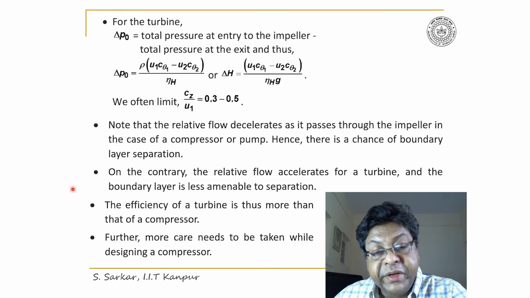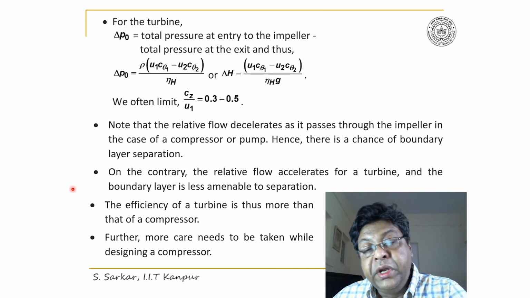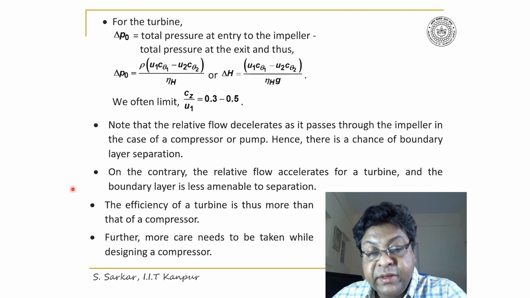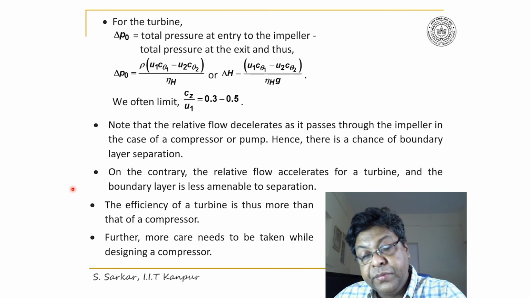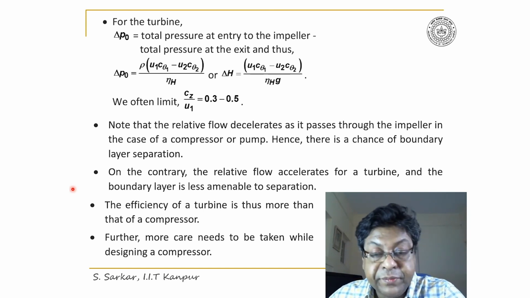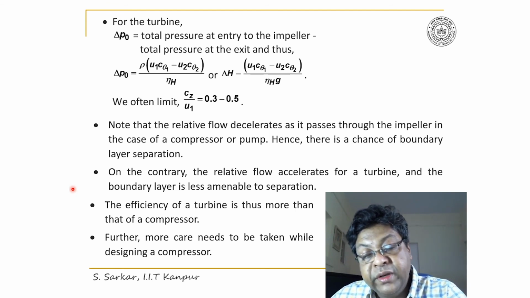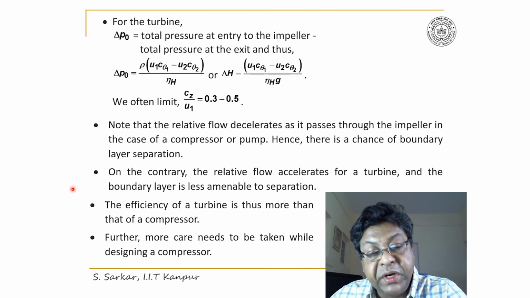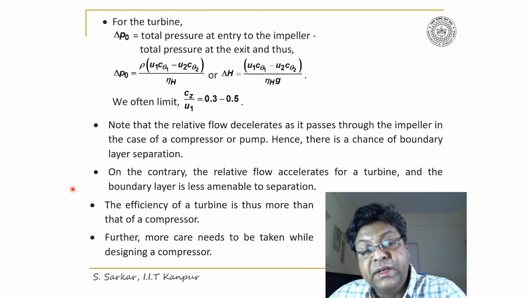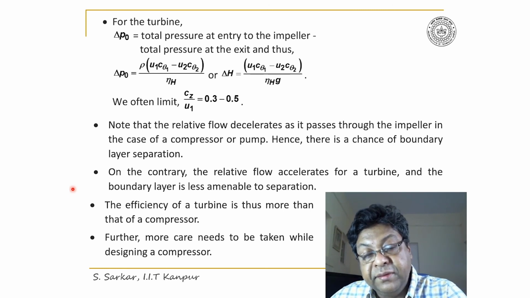On the contrary, the relative flow accelerates for a turbine, so there will be favorable pressure gradients. Thus, the boundary layer growing against favorable pressure gradients is less amenable to separation.